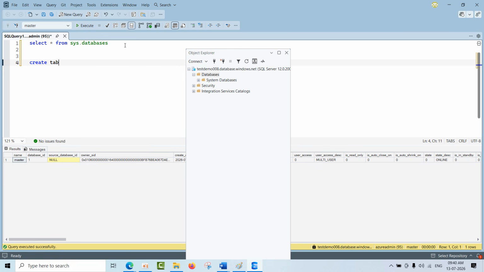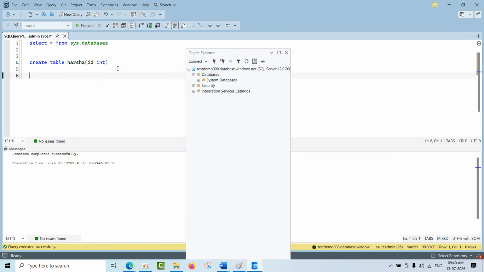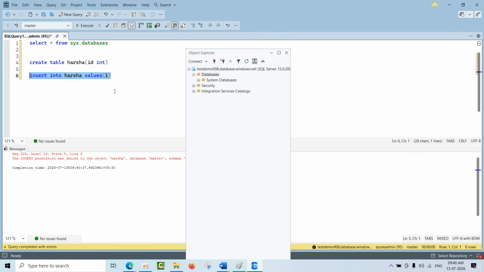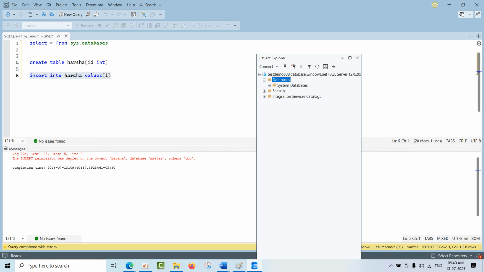Create table. I'm creating the table in master only, and I am inserting into the table. Oh, maybe insert permission was denied.